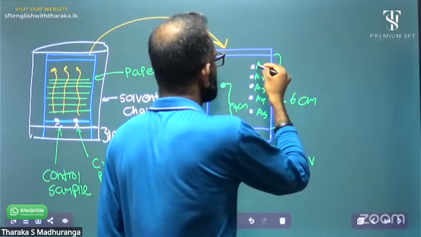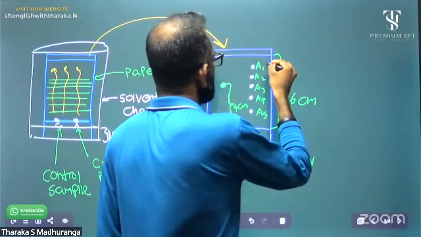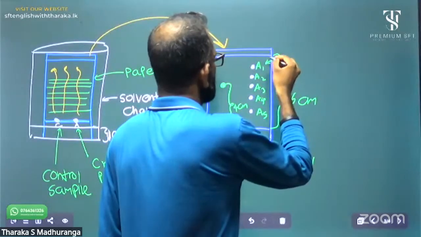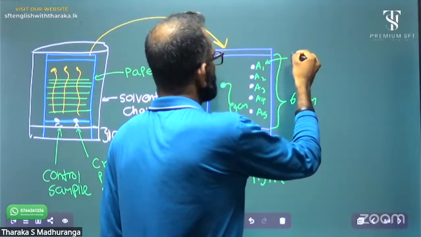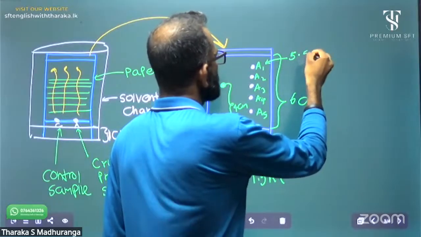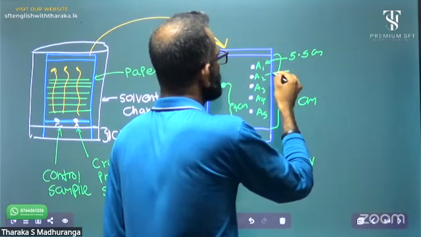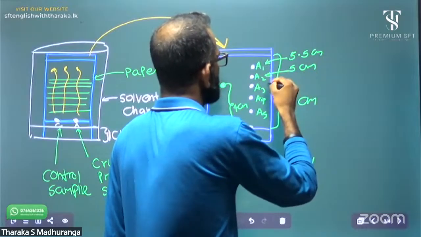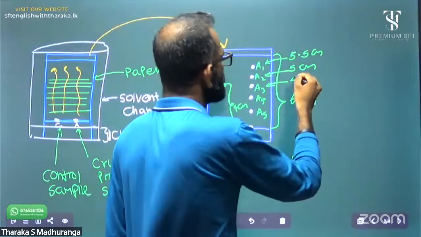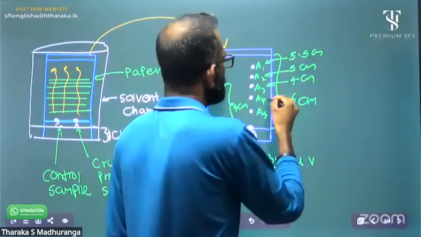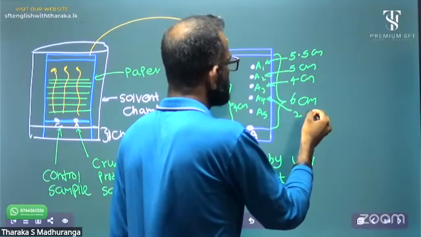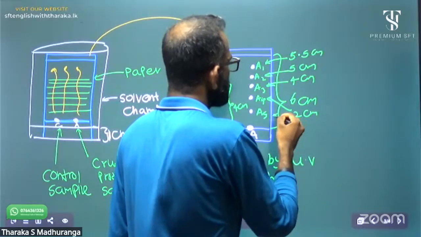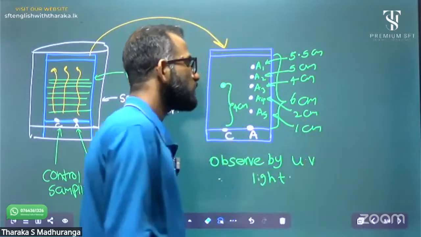A1 travel distance 5.5 centimeter. A2 travel distance 5 centimeter. A3 travel distance 4 centimeter. A4 travel distance 2 centimeter. A5 travel distance 1 centimeter. Right?